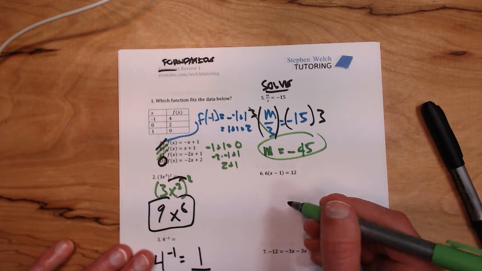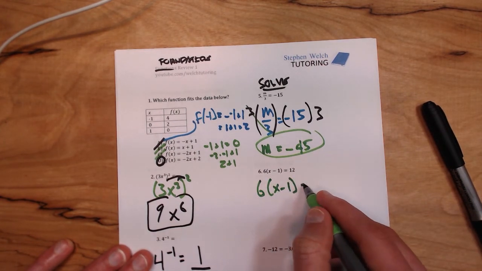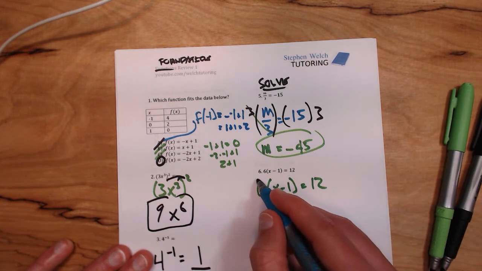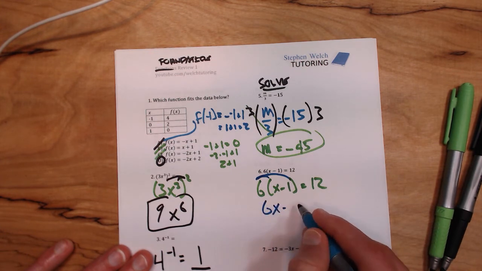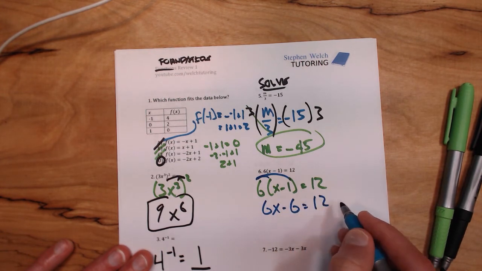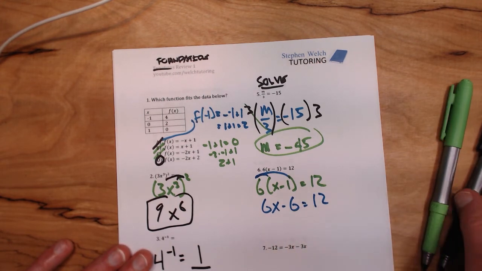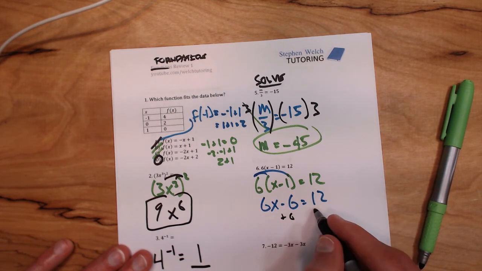Number 6. Here there are 2 ways to solve it. I'm going to distribute, so I have 6 times x minus 1 equals 12. When I say distribute, I mean the 6 goes to the x, and it goes to the minus 1. So I have 6x minus 6 equals 12. Now I would like to get my x all alone. My first step, I will add 6 to both sides, because I'm going to work from the outside in.